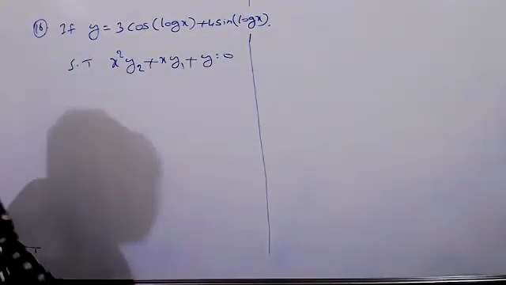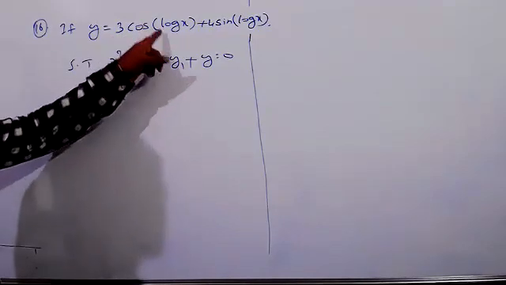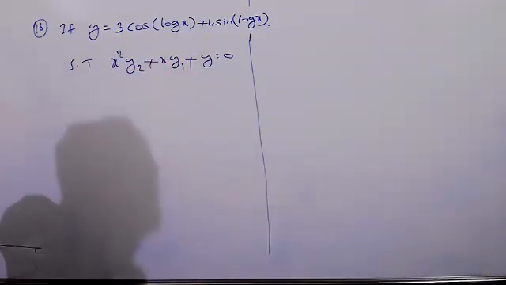So y equal to 3 cos of log x plus 4 sin of log x, and we have to show that x square y2 plus x y1 plus y equal to 0.